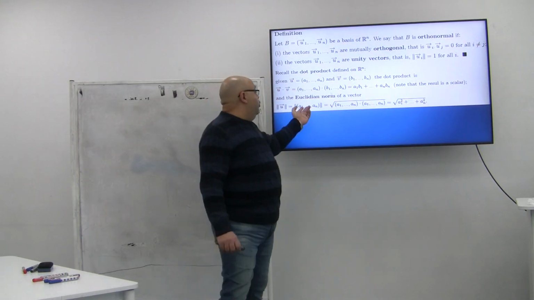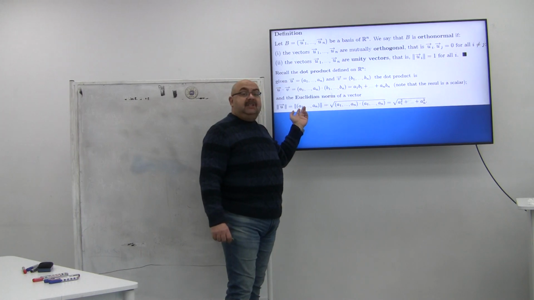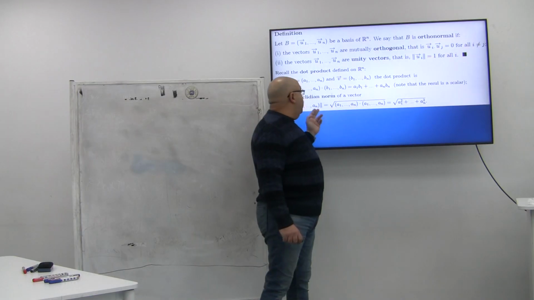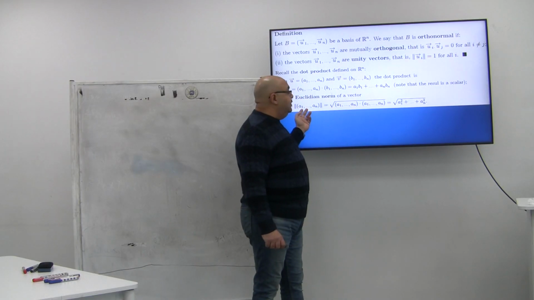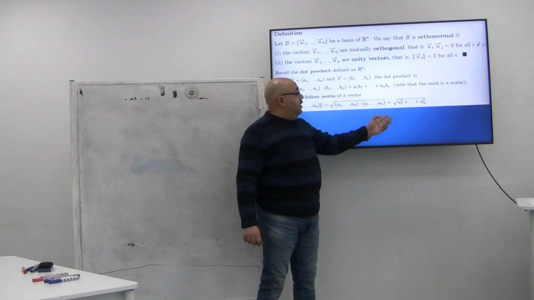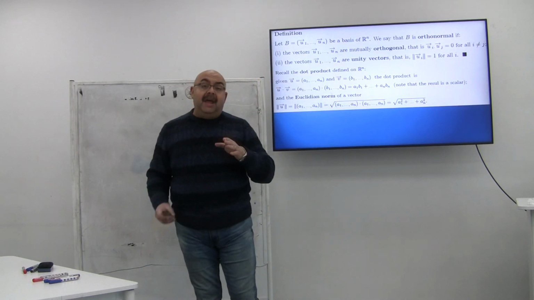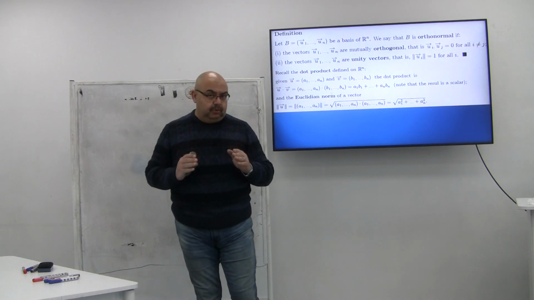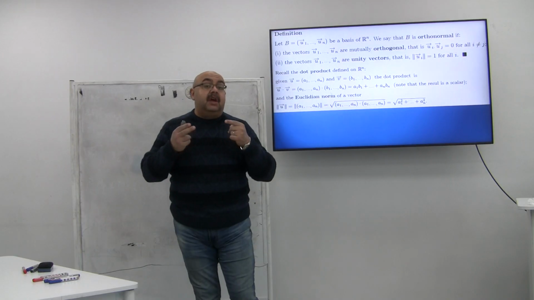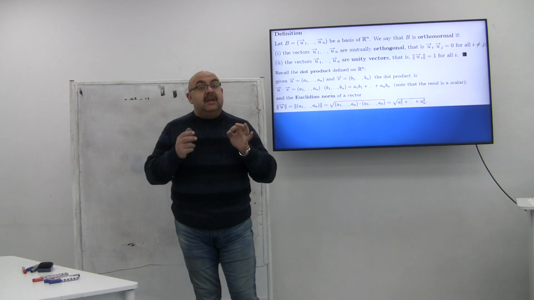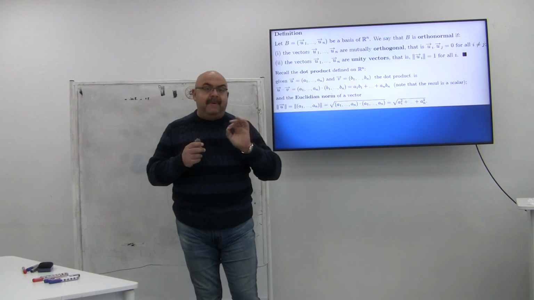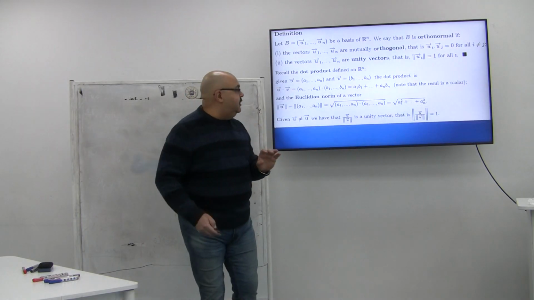That's the norm I told you about, the magnitude of a vector, which is simply the square root of the sum of squares of the elements of this vector: the first component to the power of 2, the second to the power of 2, and so on. For any vector I can get its magnitude, and if I divide each component by the magnitude of this vector, I will get a unit vector.